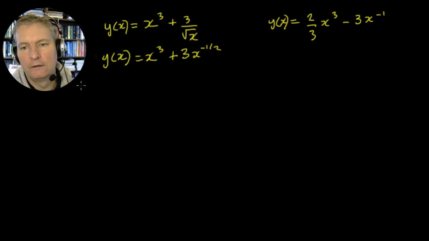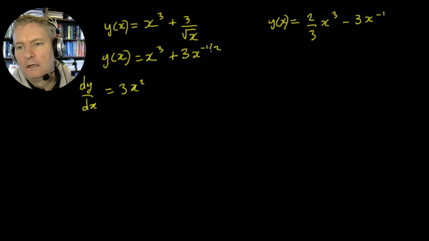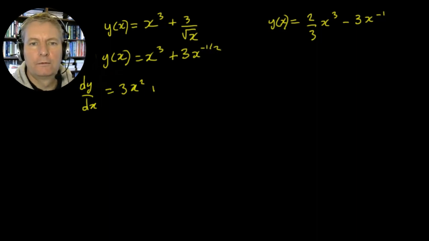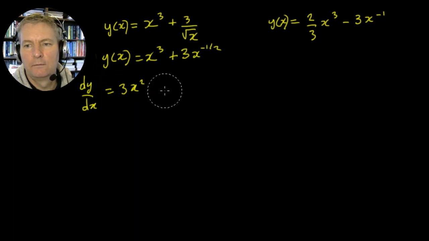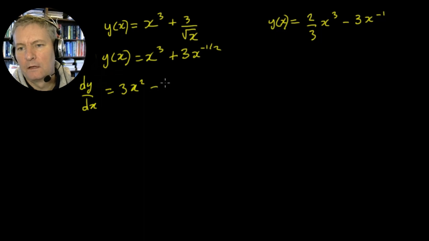We would say that dy by dx is going to equal, and then we do our differentiation, so it's going to be 3x squared, and it's going to be minus, because we get the minus sign up here, so minus a half times the 3x, and it's 1 less than a half, so it's going to be minus 3 upon 2.